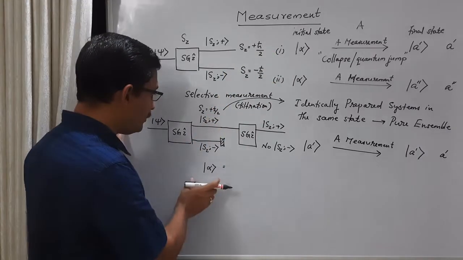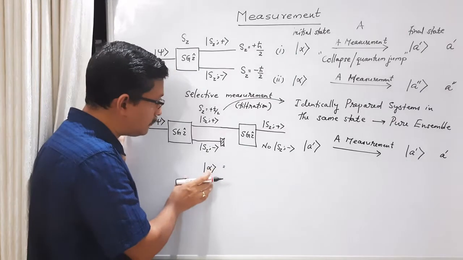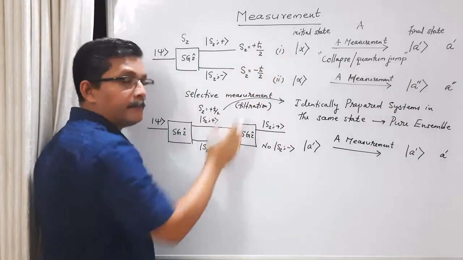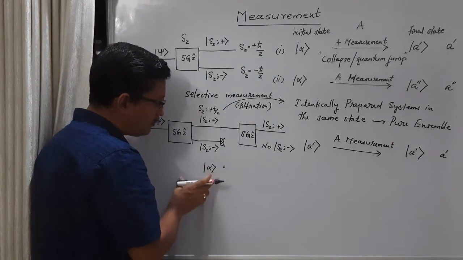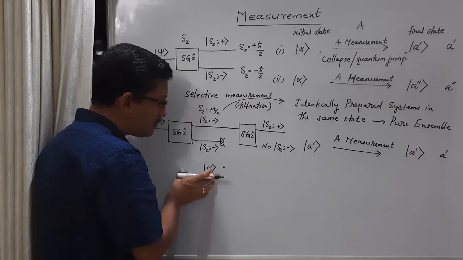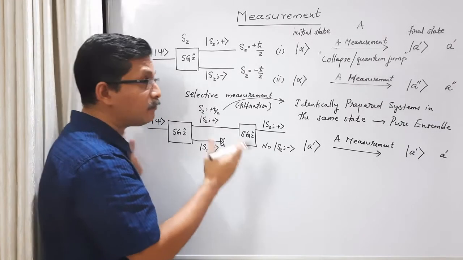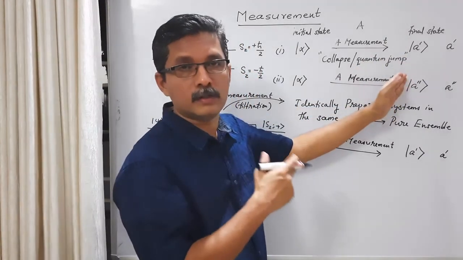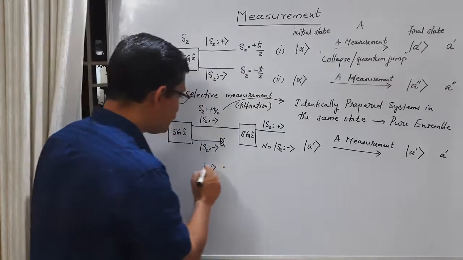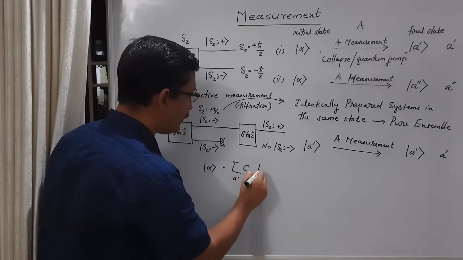So let us say we are trying to measure a physical quantity A when the state of the system is in alpha, as here. Then let's assume that this general ket is expressed as a linear combination of the base kets, which are the eigenkets of this particular physical quantity or this particular operator. So we can write it as summation over A prime, C A prime, ket A prime.